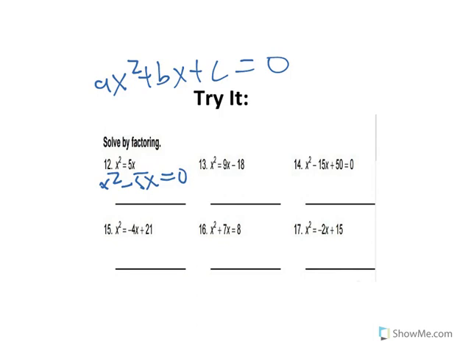Okay, and so we don't have a c here, we can factor out an x. So the factored form is x times x minus 5 equal to 0. So either x equal to 0 or x equal to positive 5. Right?